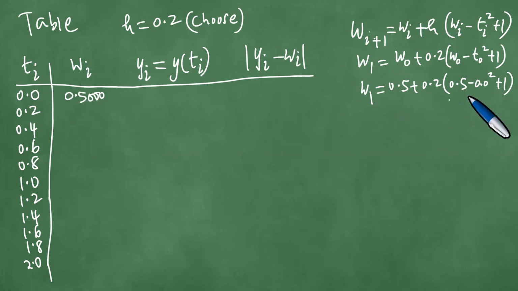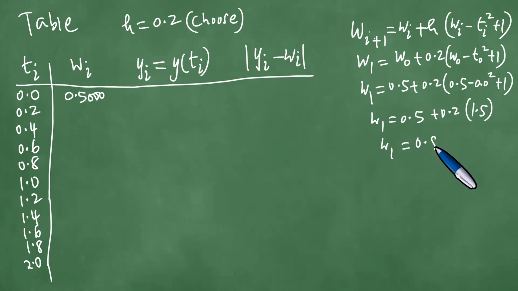And then now we just add everything here. We have 0.5, and then 0.2 times, and we add everything here. It's 1.5. We use a calculator to get W1, and then it's going to become 0.8. If you use a calculator, you can just check that it is 0.8.